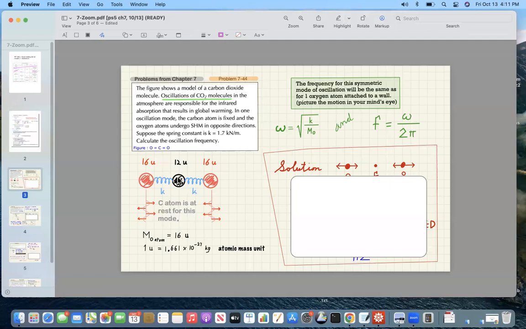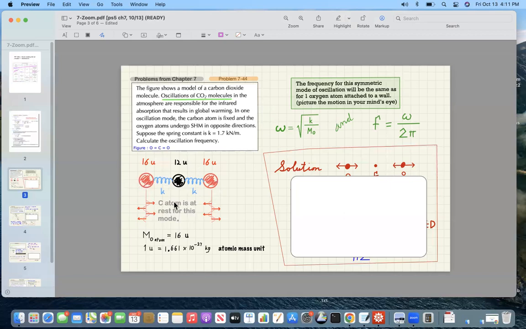Well, since the carbon atom doesn't move, as far as the spring is concerned, we'll treat the force between the two atoms as a spring. It's just the same as if the carbon atom were nailed to a wall, and the oxygen atom was oscillating back and forth from the wall. The other oxygen atom doing the same.